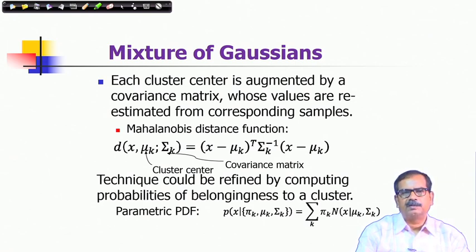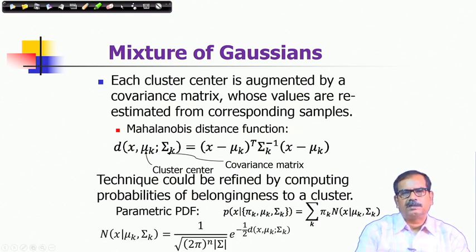So, it is a weighted sum of normal distributions, where the weights are given by the parameters pi k, and each normal distribution has its own center and covariance matrix, denoted by mu k and sigma k. Just for completeness, I am also providing you the expression for the normal distribution in multidimensional space.